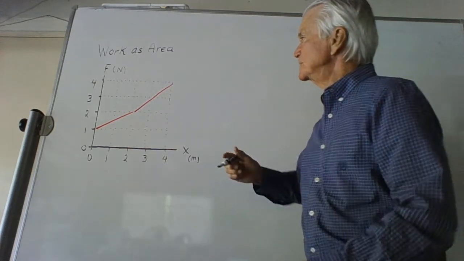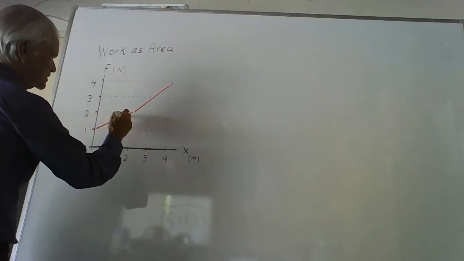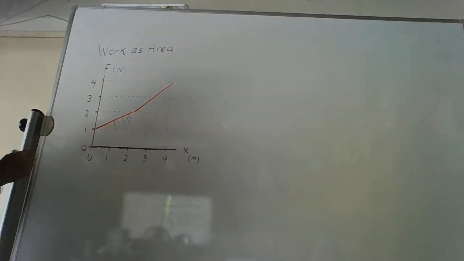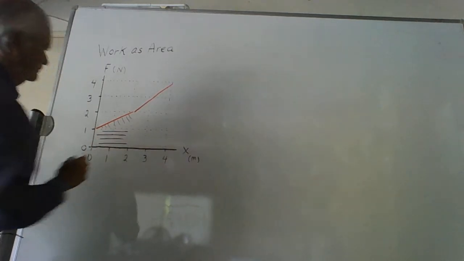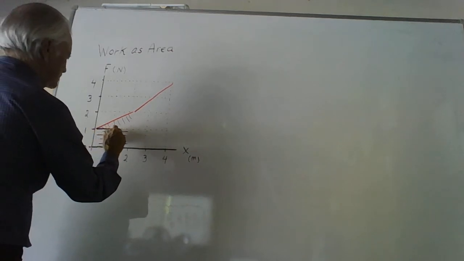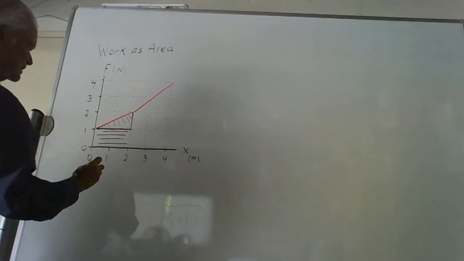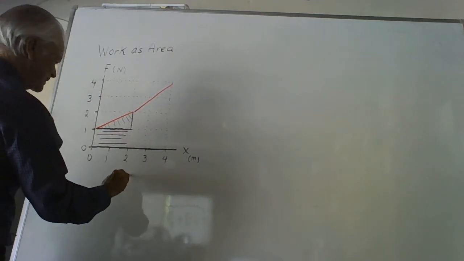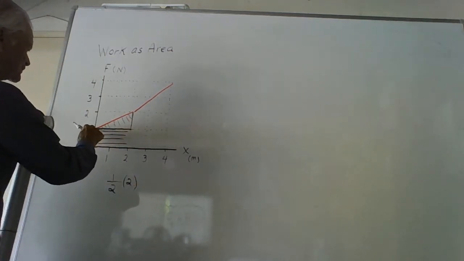Well, the area under this portion of the curve here can be imagined to be the area of this triangle plus the area of this rectangle. The area of this triangle is 1/2 the base, which is of length 2, times the height, which goes from 1 to 2.